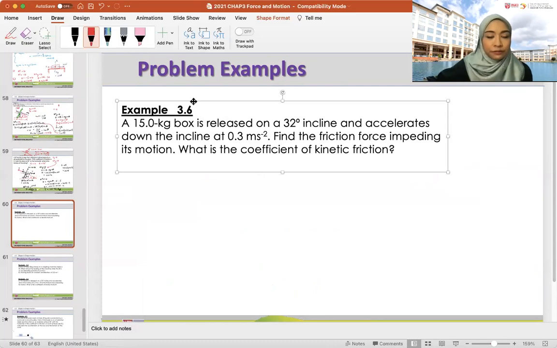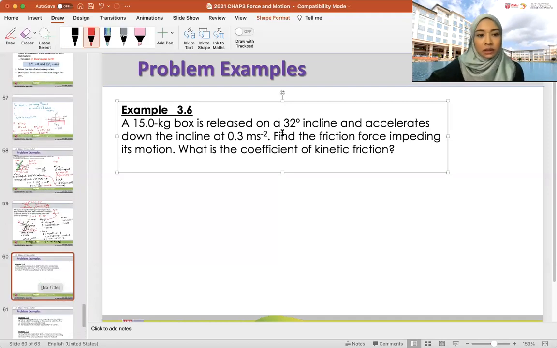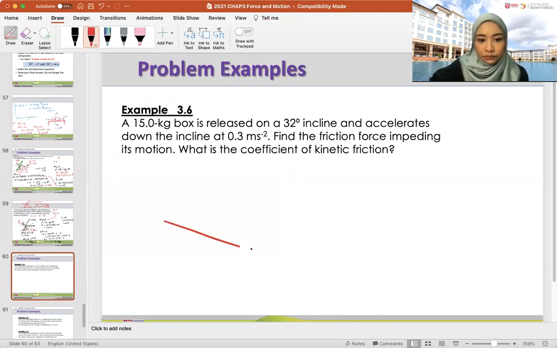A 15 kilogram box is released on a 32 degree incline. Incline questions again, so incline is the favorite here.